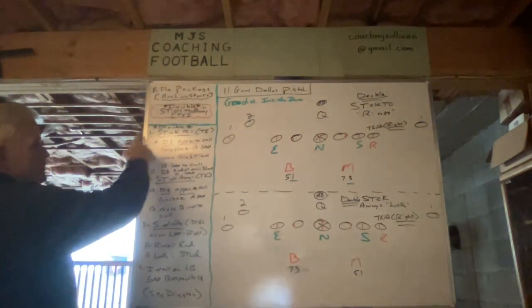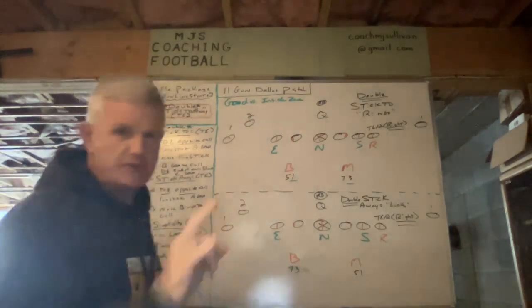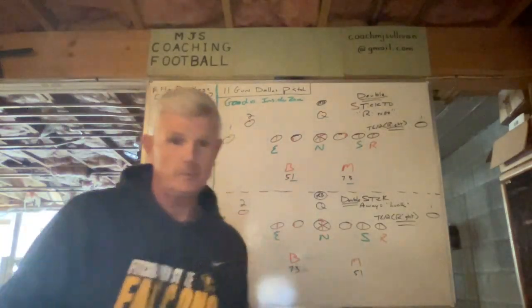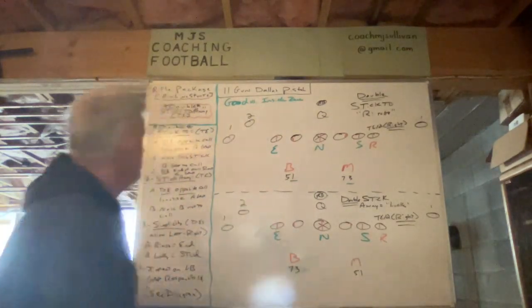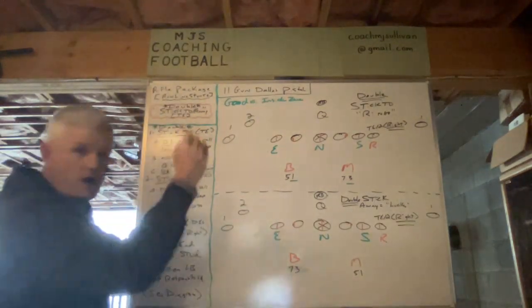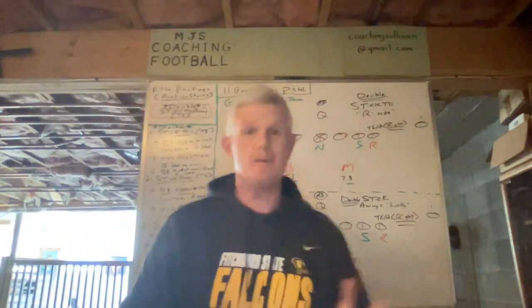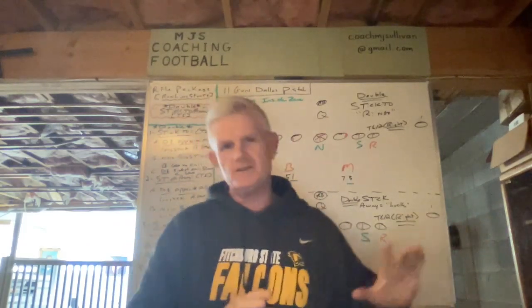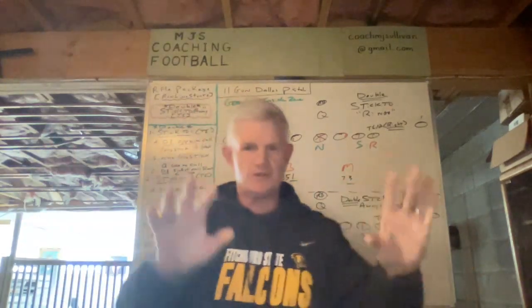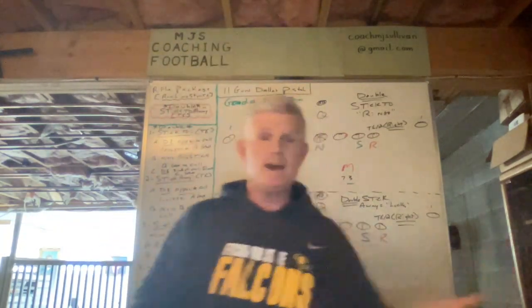So on a double stick to, the defensive end opposite the call will long stick A gap. I'll go through that with you in the diagram. The nose will long stick B gap to the call. That's the double stick. We only say stick, but in essence they're long sticking, a two gap reduction.